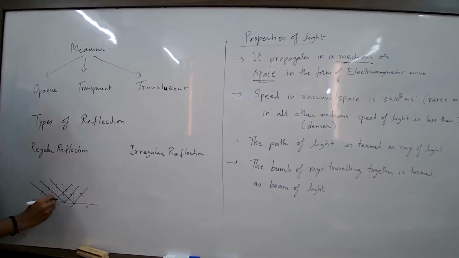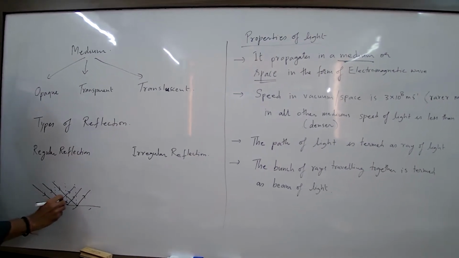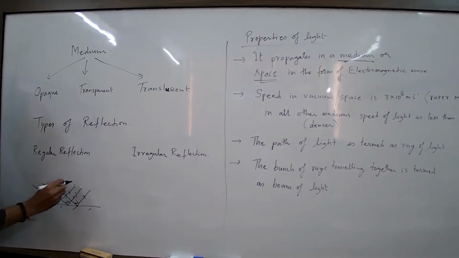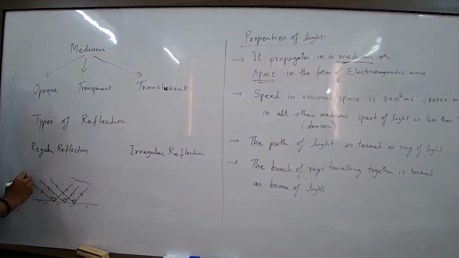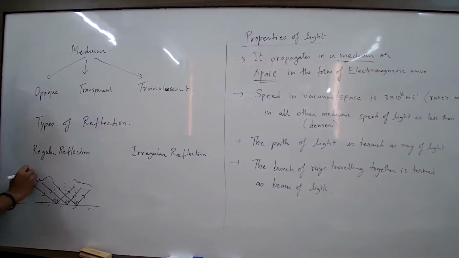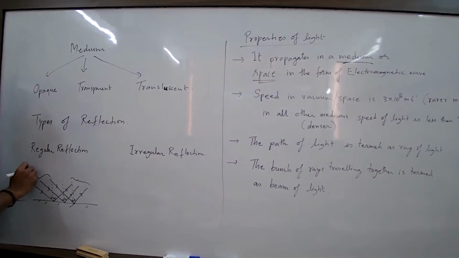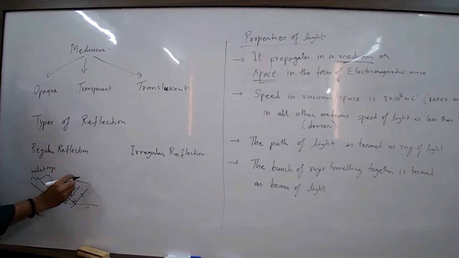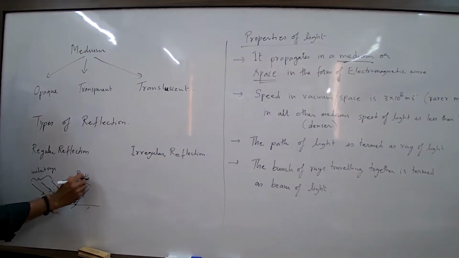So in case of regular reflection, you see the incident rays as well as the reflected rays, they are all parallel to each other. Okay, these are incident rays. These are reflected rays.